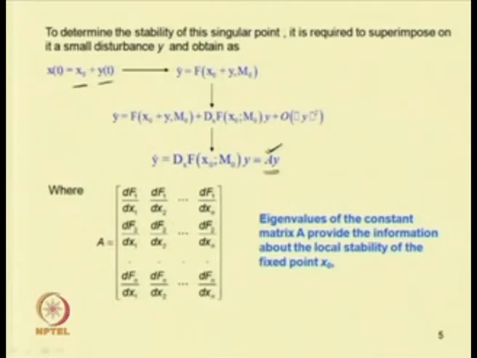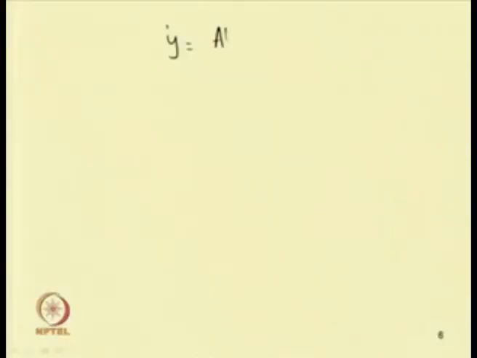In this case we have already discussed how to find the stability. Now, as we have the equation y dot equal to A y, as t tends to t0, y will tend to y0, and we can write dy/dt equal to A y, or dy/y equal to A dt.